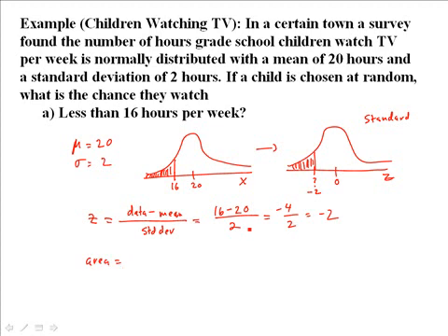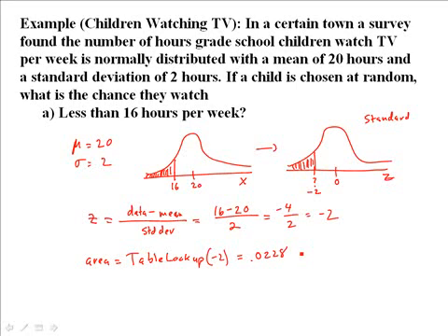Remember, the table gives us the area up to a z value from the left-hand side, so I just need to use the z value I have there. So I put in minus 2 here for the z value, and then go to the table and look for minus 2.0. That area is going to be 0.0228.